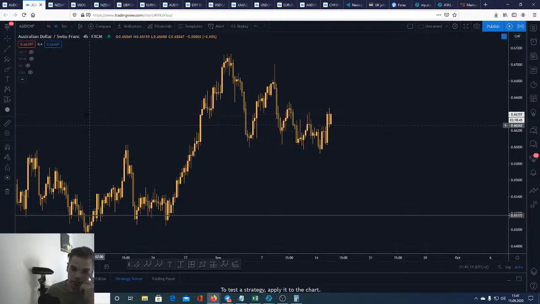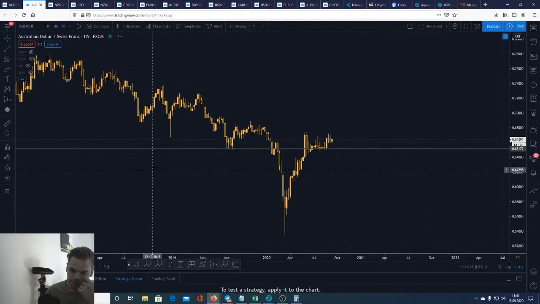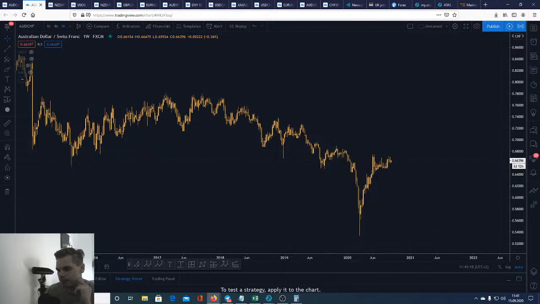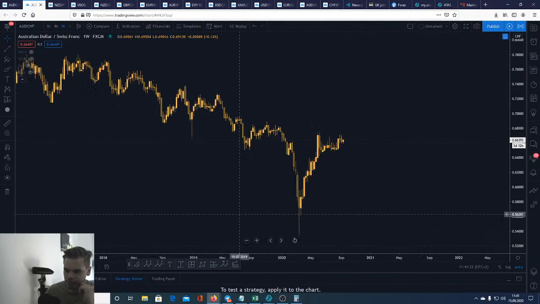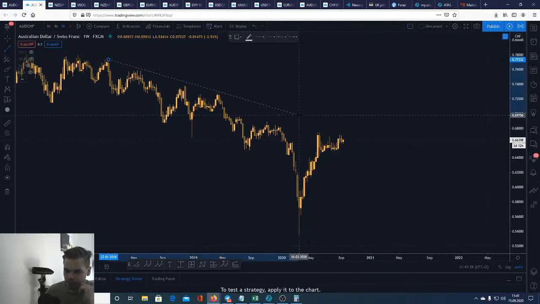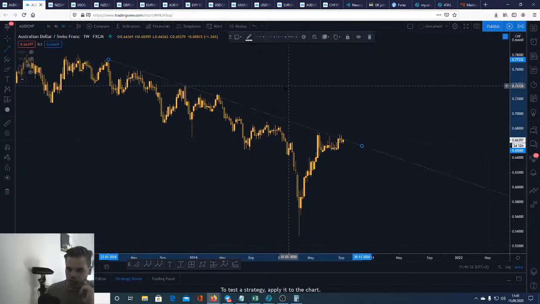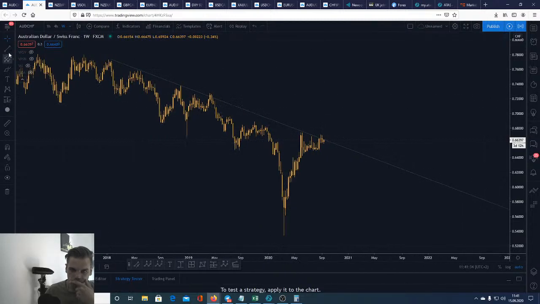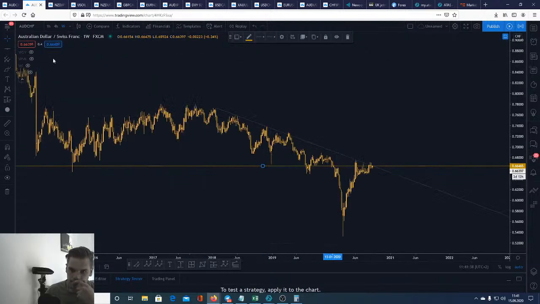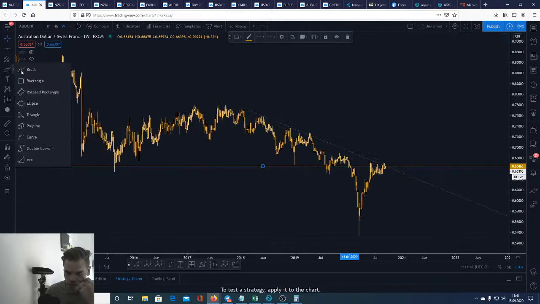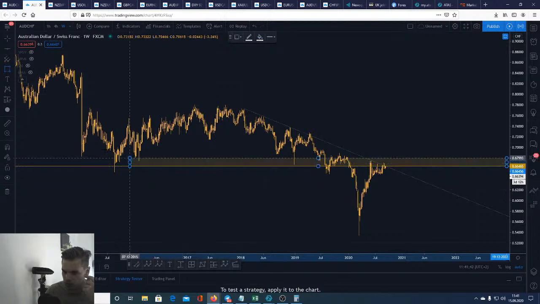USDCHF is not one of my favorites. I will wait for the breakout, to be honest. If you want to go long, I would wait for this break. Strong resistance area here, for now not that interesting to me personally.